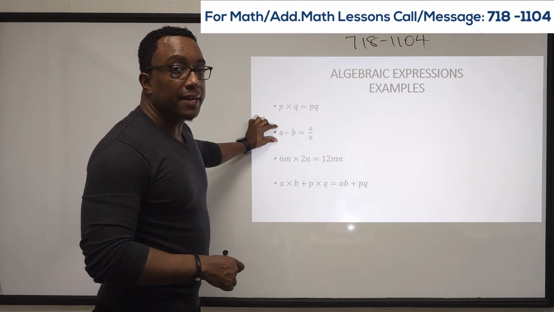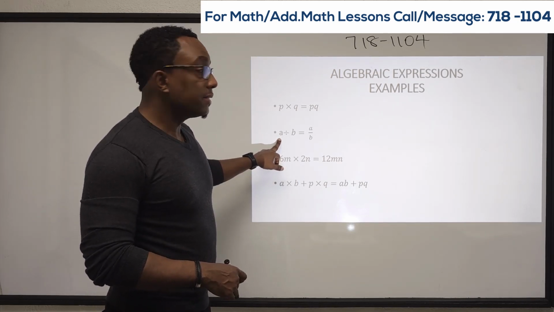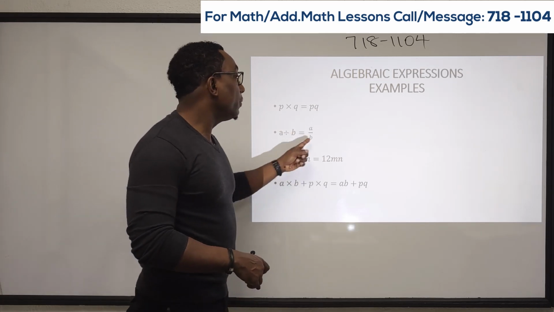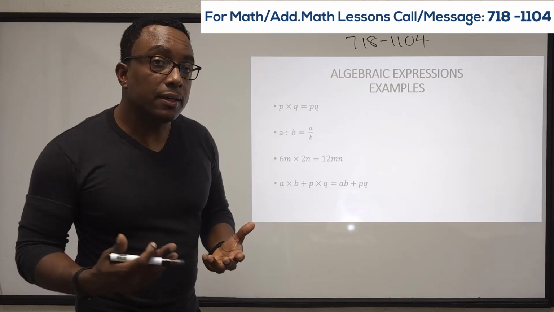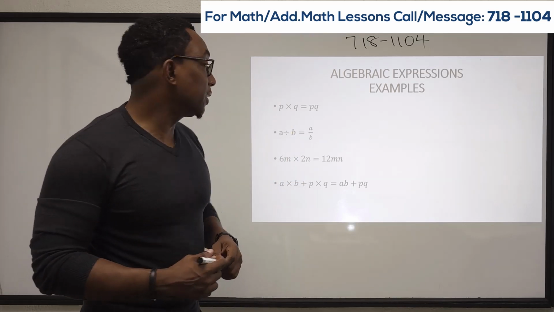If I have A divided by B, A is a quantity, B is a quantity, so I'm dividing two quantities, and A over B represents your term, otherwise known as your algebraic expression.